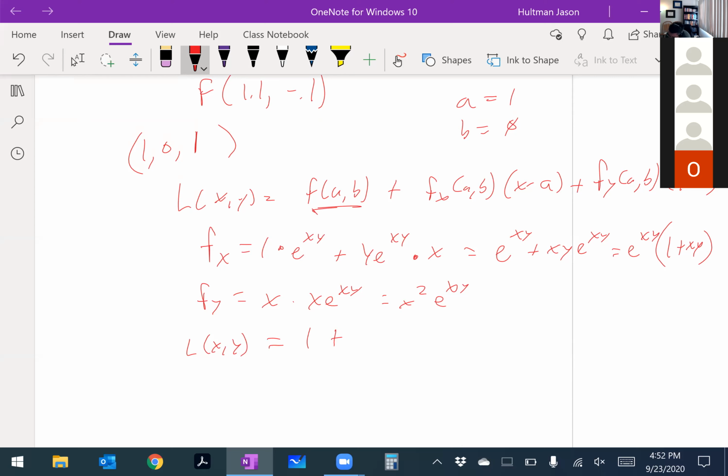Plus, let's plug in and evaluate these for 1 and 0. So f sub x at 1, 0, times x minus 1, plus f sub y evaluated at 1, 0, times y minus 0.